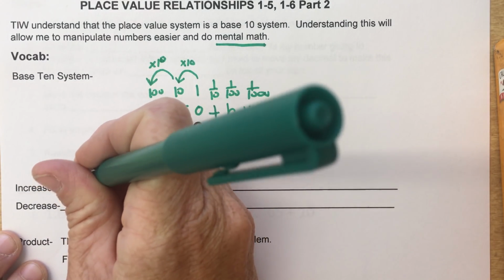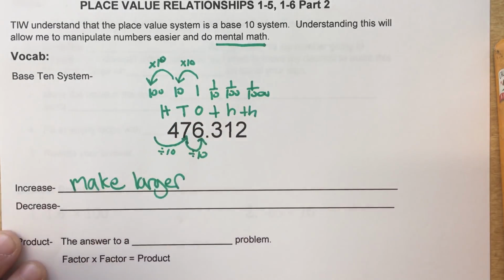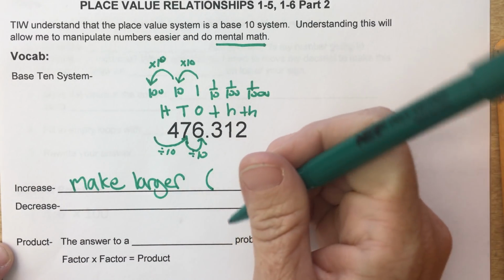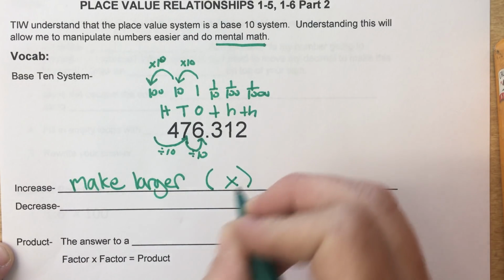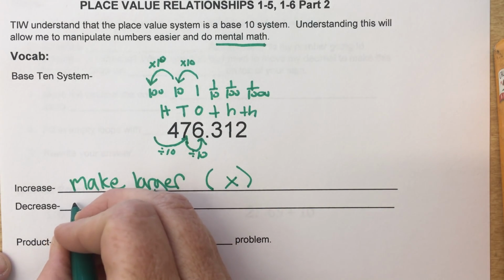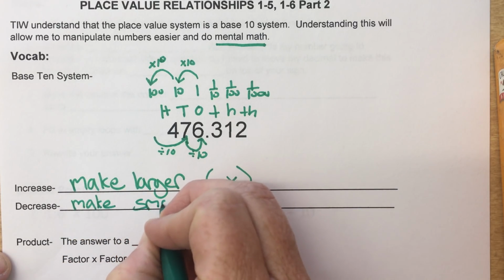Okay, our next 2 words are increase and decrease. Increase just means to make larger or bigger. And normally in math, we make things larger by adding or multiplying. For this lesson, it's going to be multiplying. When I multiply numbers, I usually increase the number. Decrease, I make smaller.